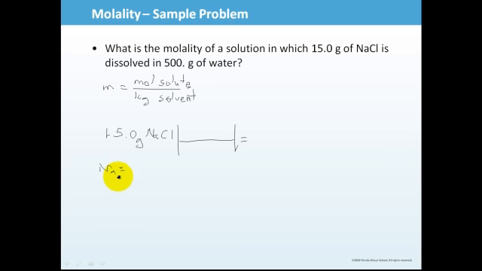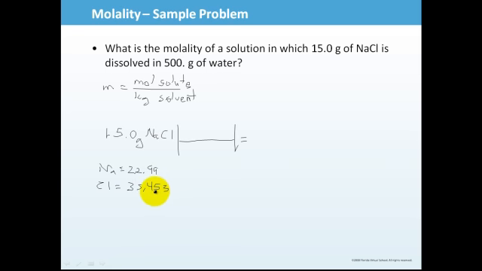For Na, we have 22.99. For Cl, we have 35.453.